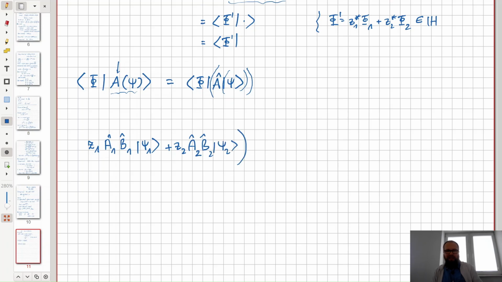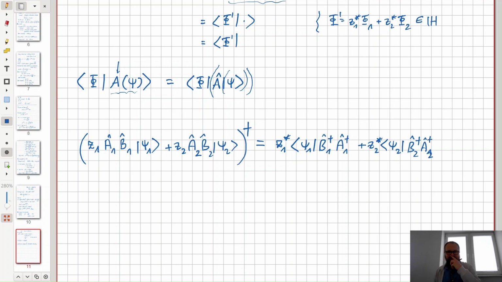To justify that, take this combination and dagger it. It equals Z1 conjugate, bra psi 1, B1 dagger, A1 dagger, plus Z2 conjugate, bra psi 2, B2 dagger, A2 dagger.